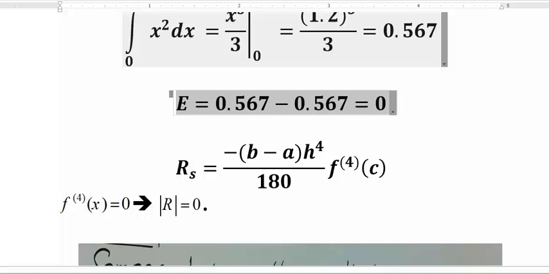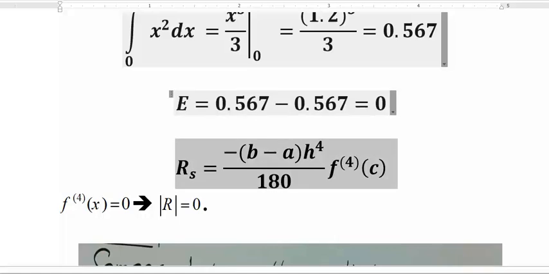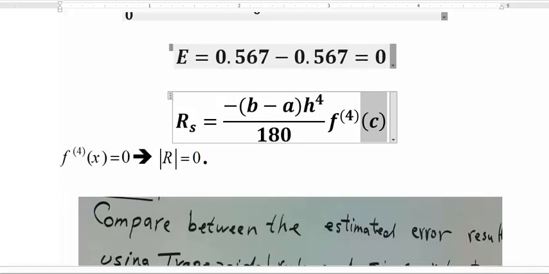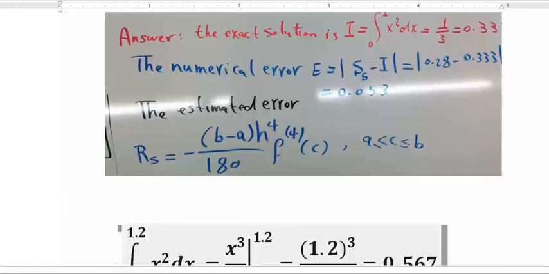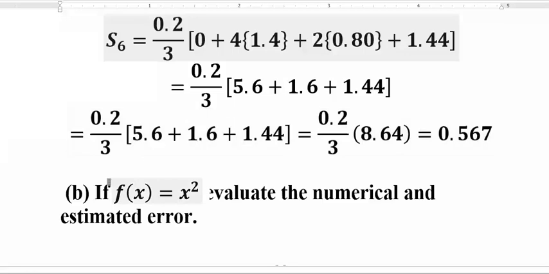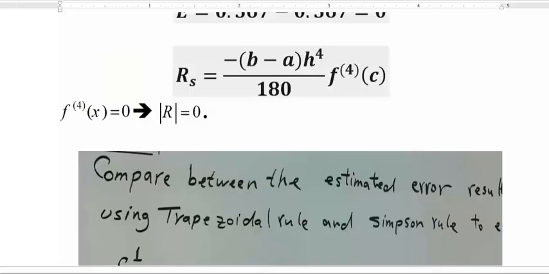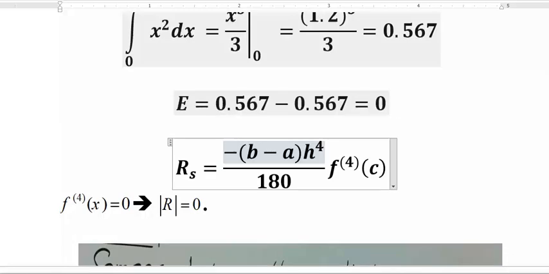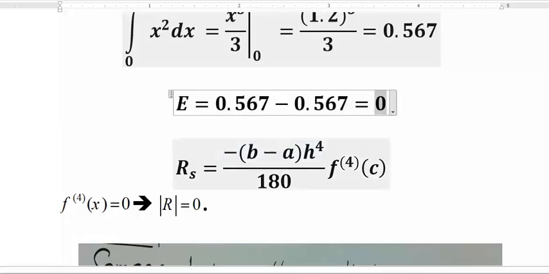The rule for the estimated error is minus (b minus a) times h to the power 4 over 180 times f, derivative of order 4, evaluated at c. The first derivative of x squared is 2x, the second is 2, and the third and the fourth are 0. So we have R equal 0, the same. So the numerical error is 0 and the estimated error is 0.